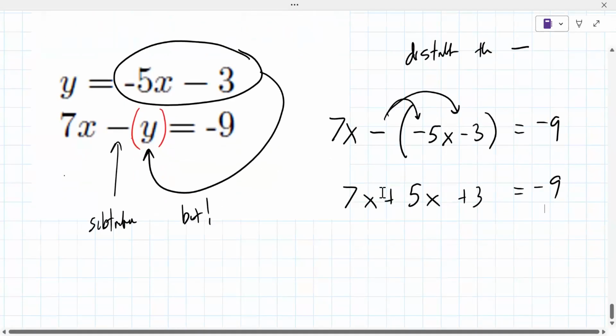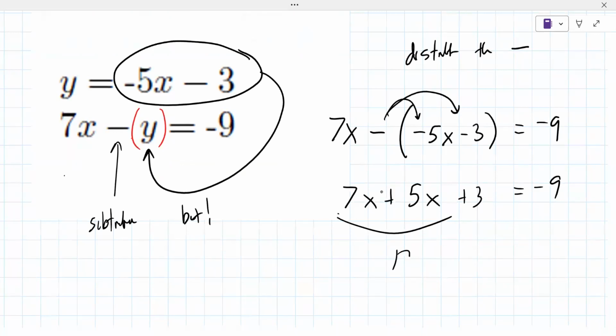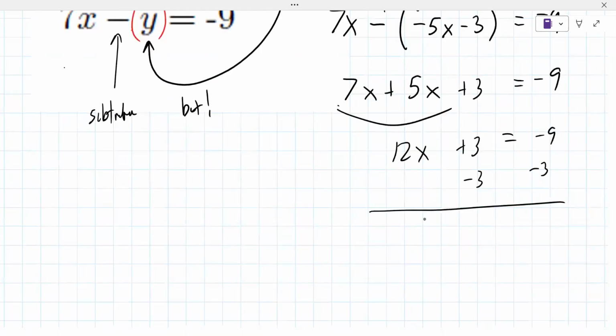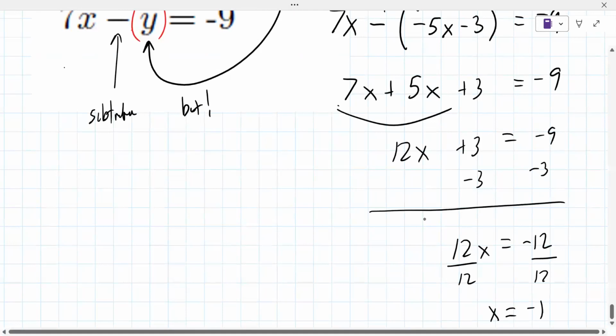Yes. Clear? All right, so then just like before, you combine like terms. You undo addition and subtraction, and then you undo multiplication and division. So 12x equals minus 12, divide by 12, divide by 12, x equals minus 1, like that.